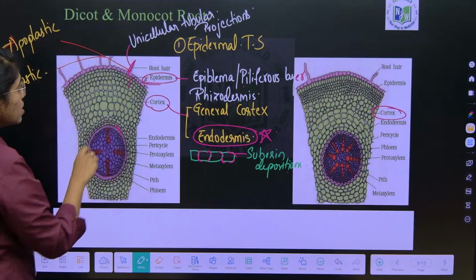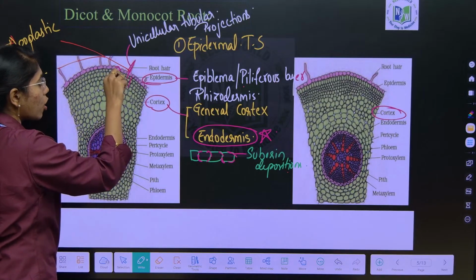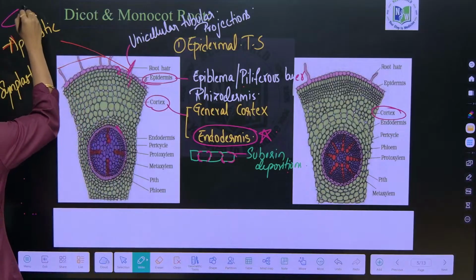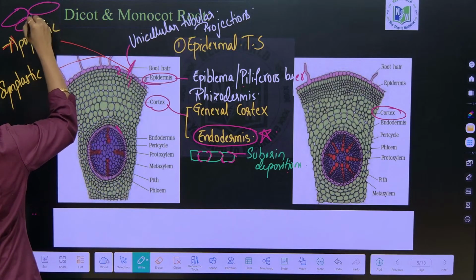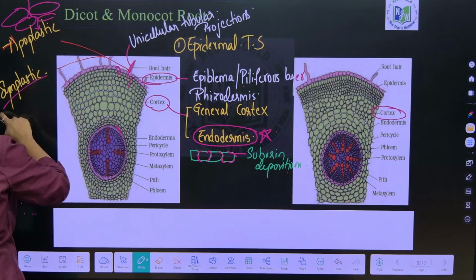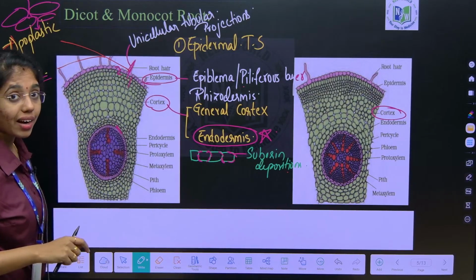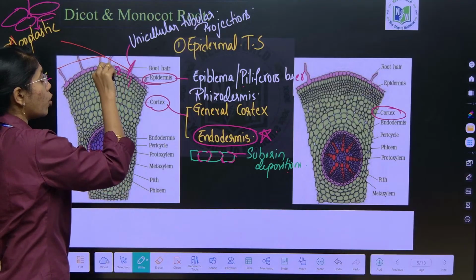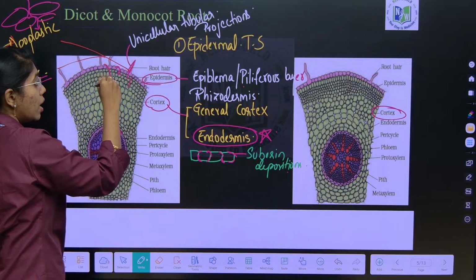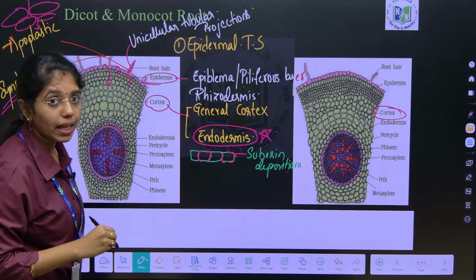Apoplastic movement means water will travel across the cell walls in between two different cells. But symplastic movement is water travelling through the cell's cytoplasm, through plasmodesmatal connections.